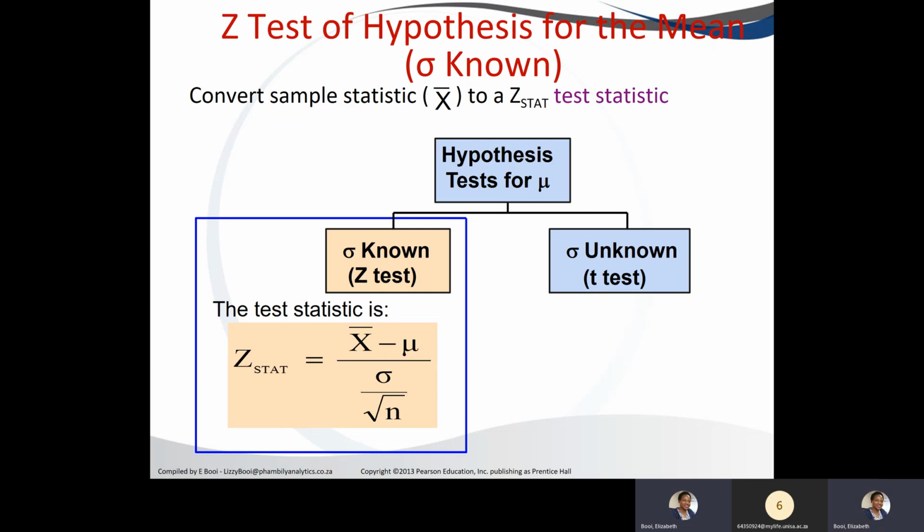You remember, we use this as our statistic. This will be the Z-test that we use to make a decision, including when we use the critical value, or later on when we do the p-value. Then later on, we're going to look at when the population standard deviation is unknown, where we use the t-test statistic.